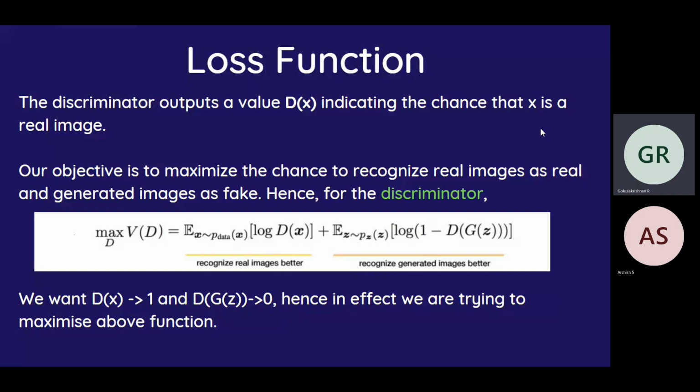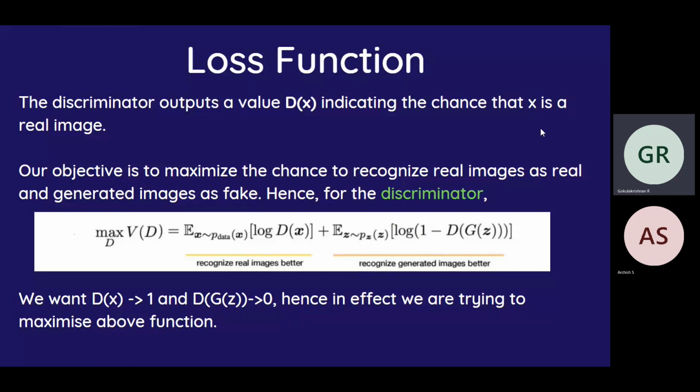If D of x is 1, the discriminator thinks this is real, and if D of x is 0, it thinks it's a fake. Similar thing goes for G of z. If D of G of z is 1, the discriminator is getting fooled, thinking the generated fake is real. And if D of G of z is 0, the discriminator thinks the fake image is fake. So that is correct. The objective function can be written in this form.